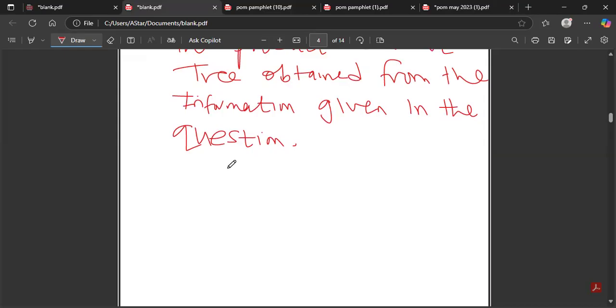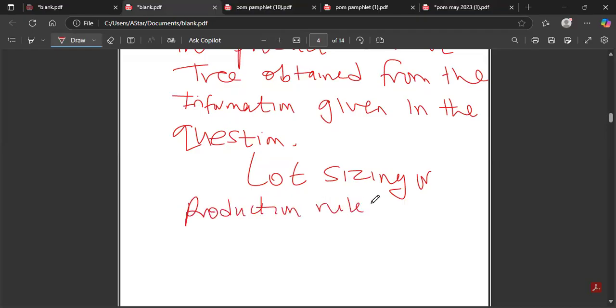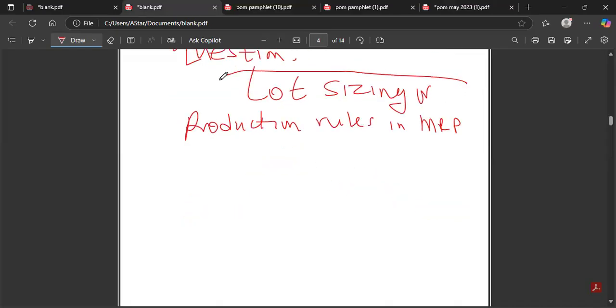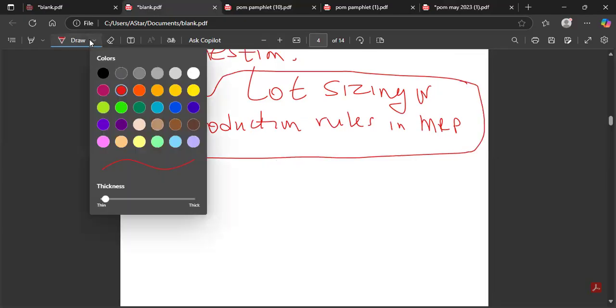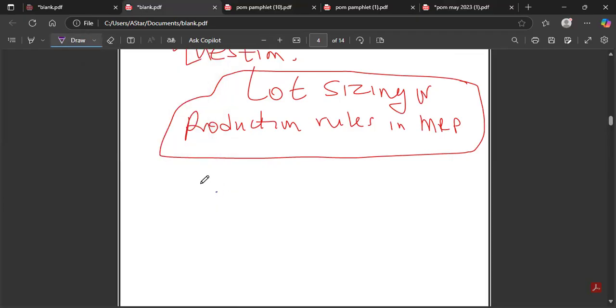Okay. Then we look at what we call lot sizing or production rules in MRP. So the common lot sizing rules are lot for lot. Okay, lot for lot.